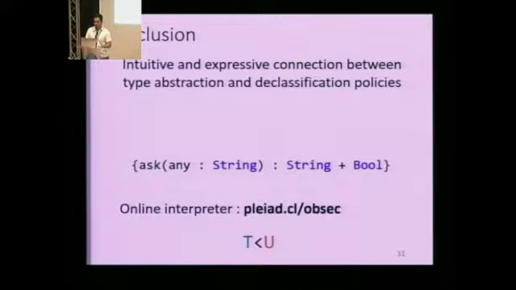If I understand well, you are asking whether the operation that I want to declassify exists on the underlying type. Is that your question? I didn't understand the question well.